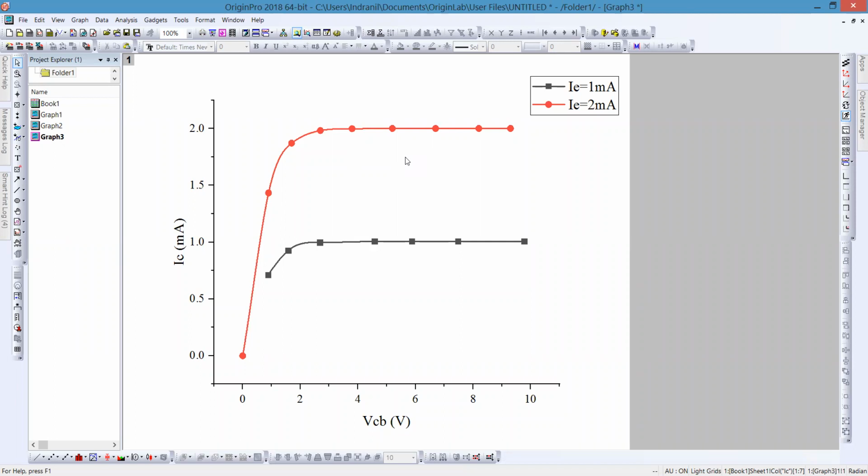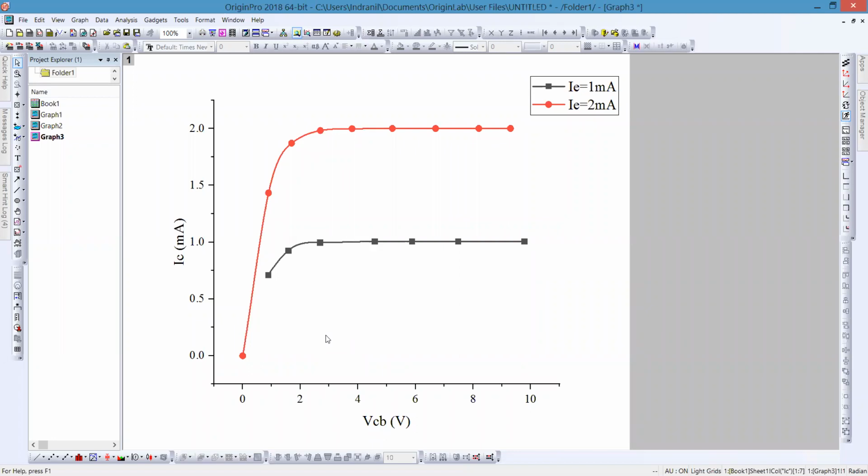I don't know why it is not working. I will figure it out and let you know in the next lab. It will also be very helpful if you can figure out on your own what the exact problem is. So till now we have done the common base mode.